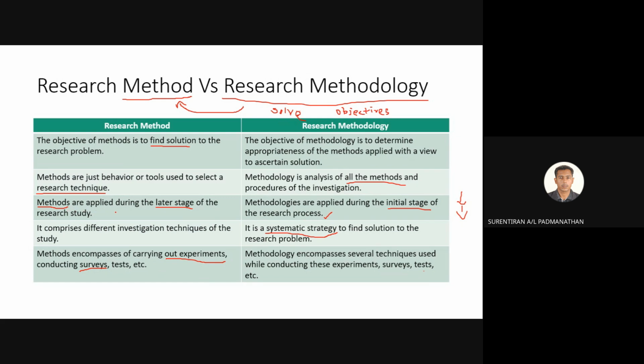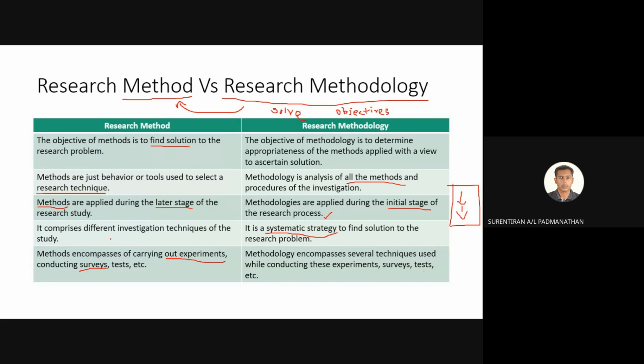Methods are applied during the literature stage of the research study. Methodologies are applied during the initial stage of the research process. Before going deep into the methodology part, you will have a flow chart. You will do your flow chart so that you know this is the flow you want to use for your project.